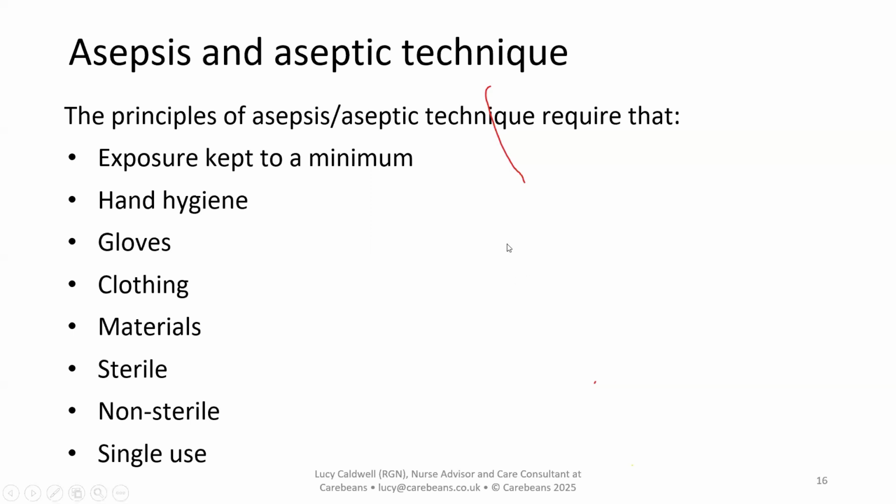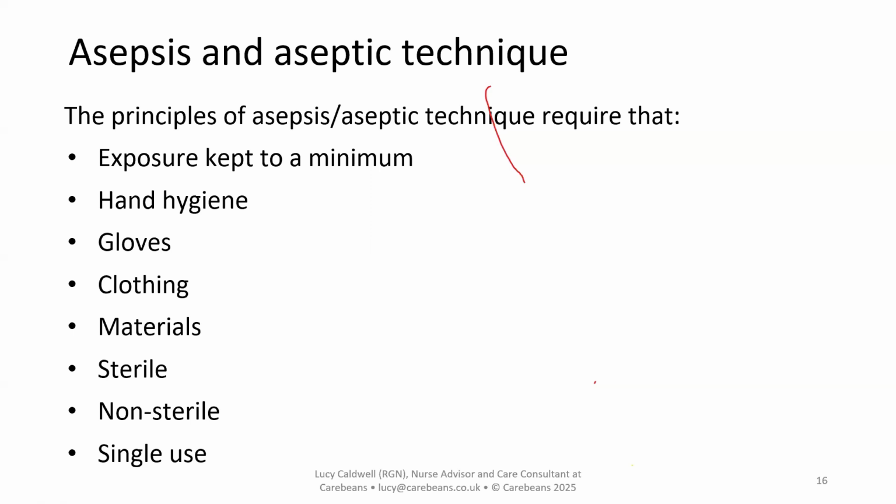So if we just go through what's required, any exposure to any susceptible areas of the person's body, with cuts, etc., needs to be kept to a minimum. Of course, hand hygiene, as we've just said, so correct hand decontamination should be carried out. Gloves should be used, so the correct type of gloves as appropriate, correct fitting as well.